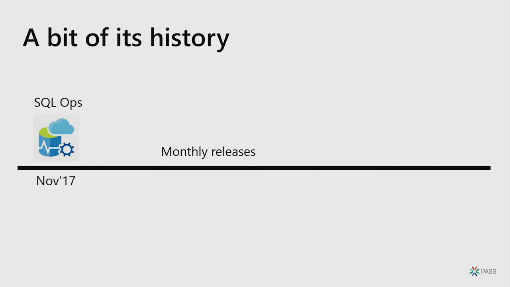They've been releasing a new version every month with fixes and new features, and also trying to get that to work smoothly so people can use both of them for their purposes. And by September 2018, it became GA, and it was then renamed to Azure Data Studio.